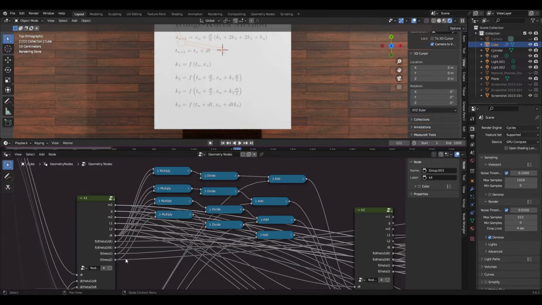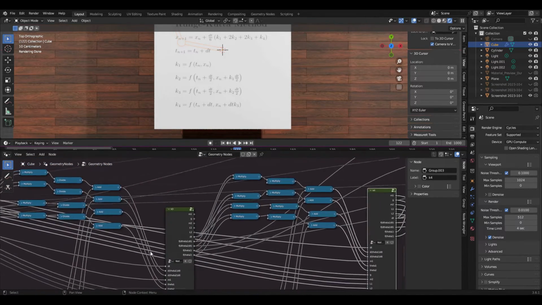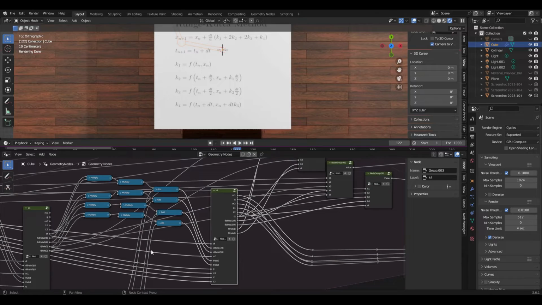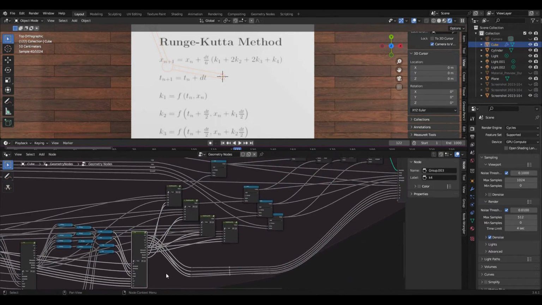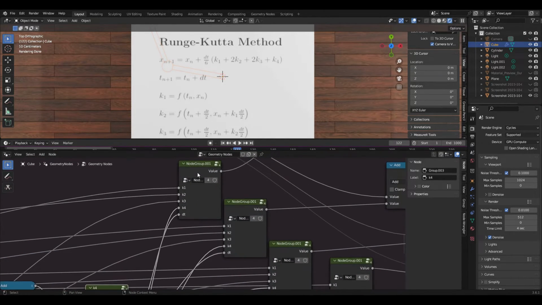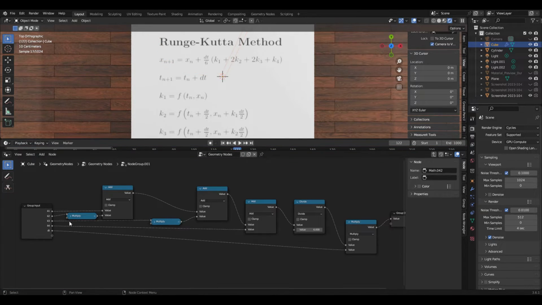And then those all get added together. And here I have 4 node groups, because it's the same 4 values that are being combined, but for different state variables. There's theta 1, theta 2, theta 1 dot, theta 2 dot.